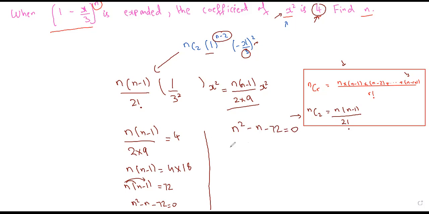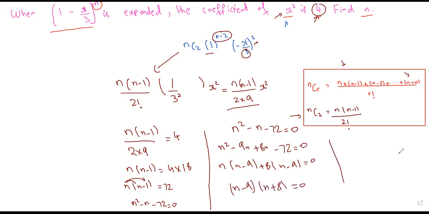The numbers are going to be minus 9n plus 8n, right? n square minus 9n plus 8n minus 72 equals 0. I'll take n common, n minus 9. I'll take 8 common, n minus 9 equals 0, and we are getting n minus 9 into n plus 8 equals 0. This means that either n is 9 or n is minus 8.